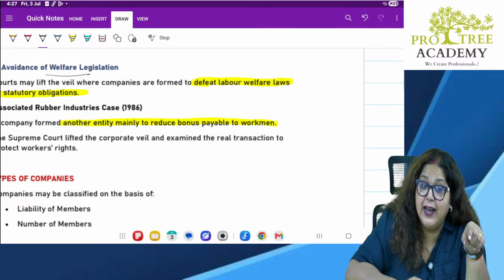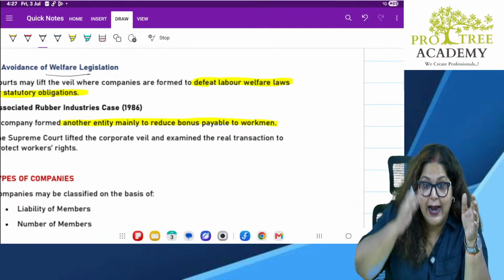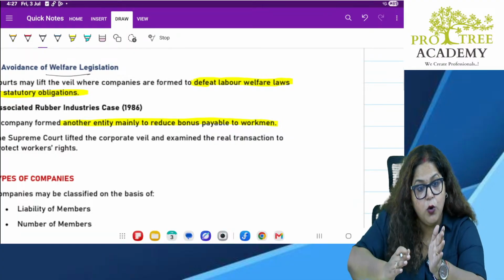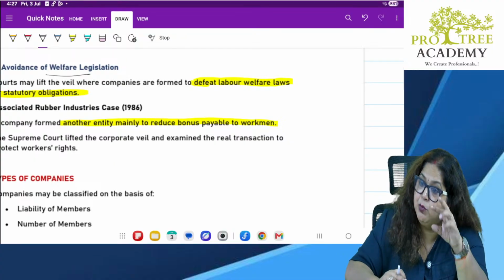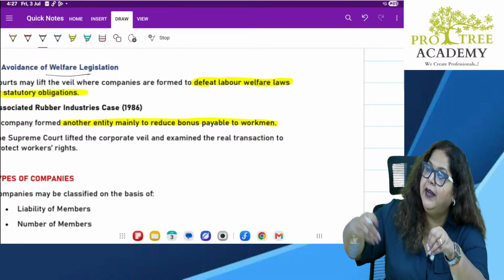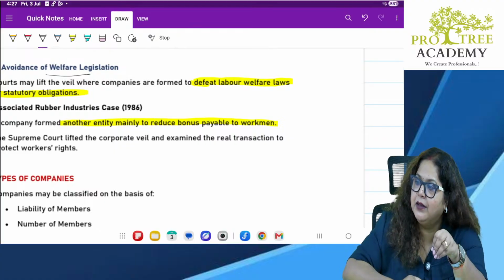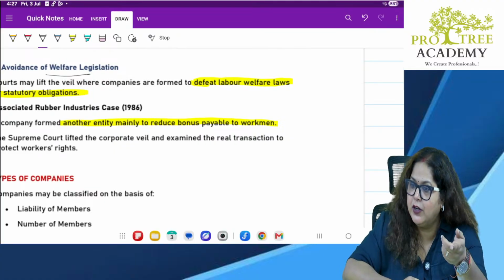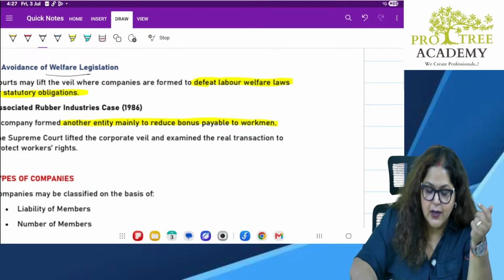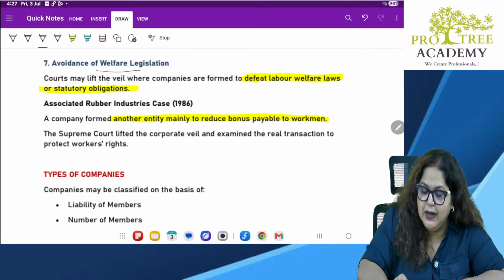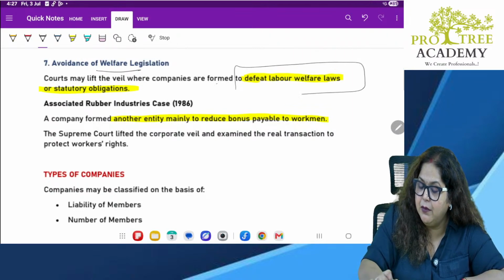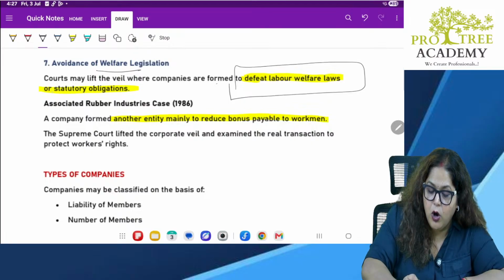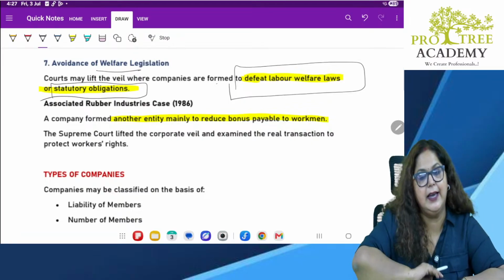At that time the profit was shown, but then they were transferring this whole profit and surpluses. To avoid this bonus payment, they are putting it into the other company. Okay, is this also improper use or not? Yes. So courts may lift the veil where companies are formed to defeat labor welfare laws or statutory obligations.